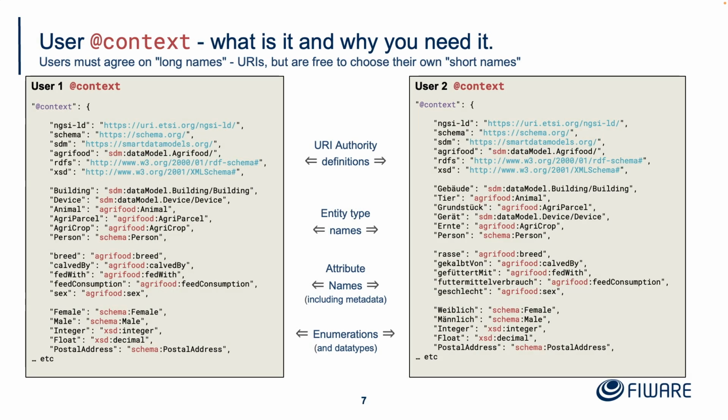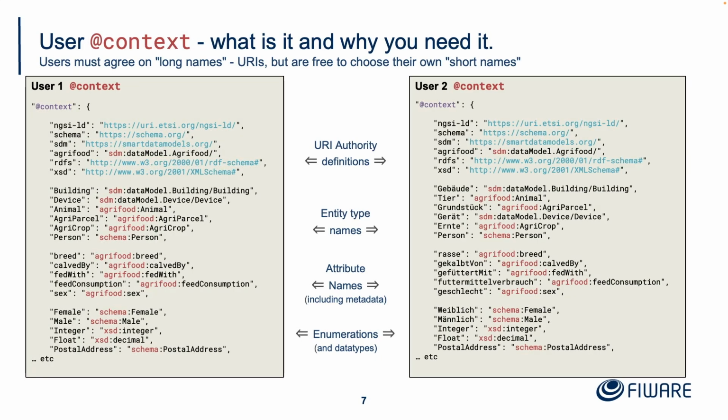Now, I deliberately structured my terminology in this sort of fashion, because you can then see what you actually need rather than having everything in, say, alphabetical order. The first part of a user context file is usually defining terms of authorities.